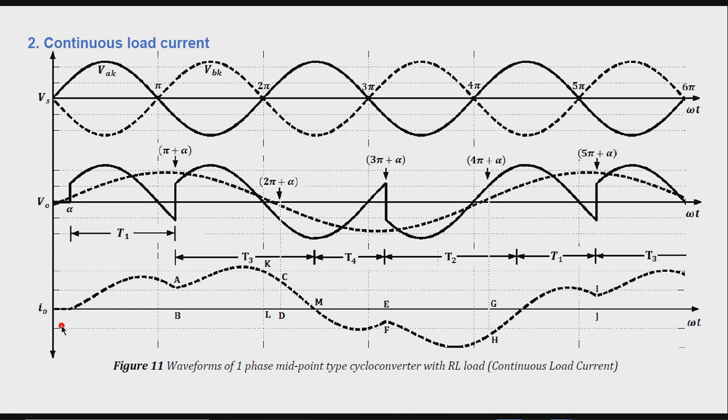Positive output voltage appears across the load and load current starts building up. At omega t equal to pi, load voltage is 0.